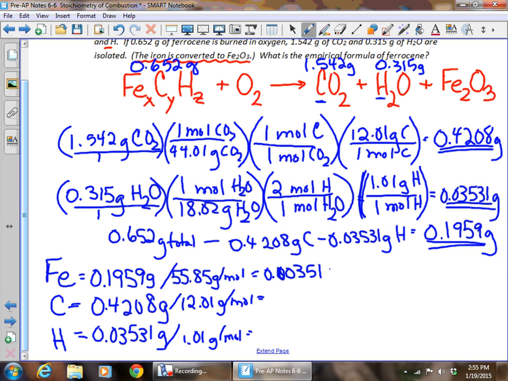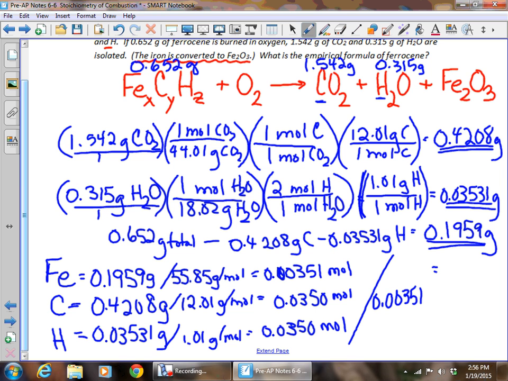For carbon, it's 0.0350 moles. And for hydrogen, it's 0.0350 moles.